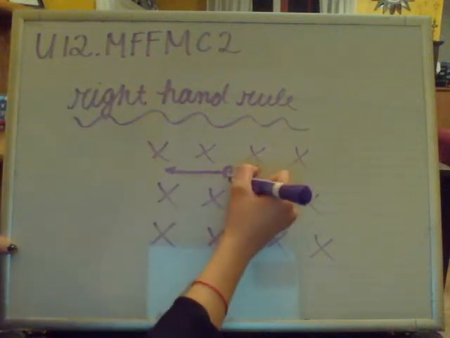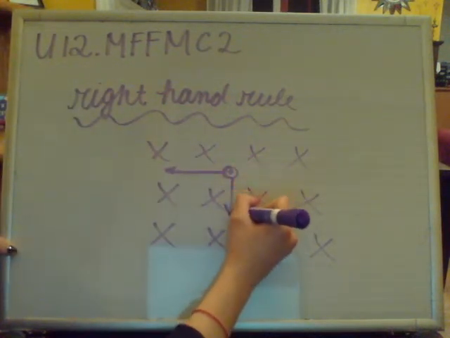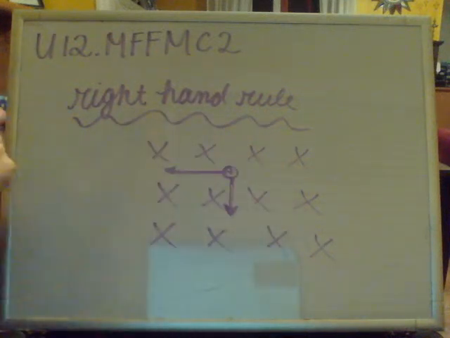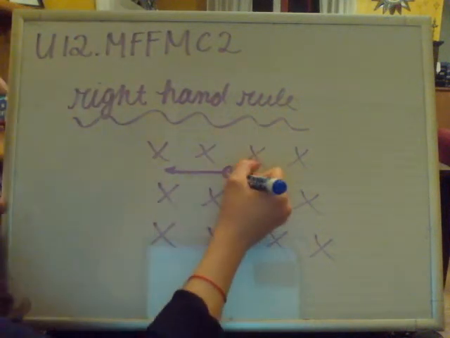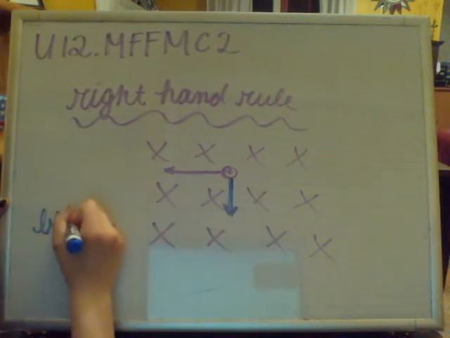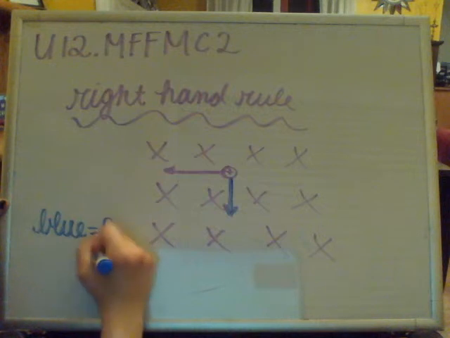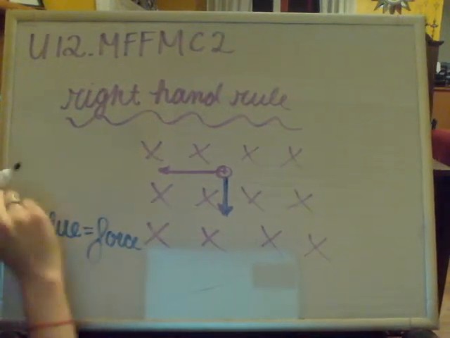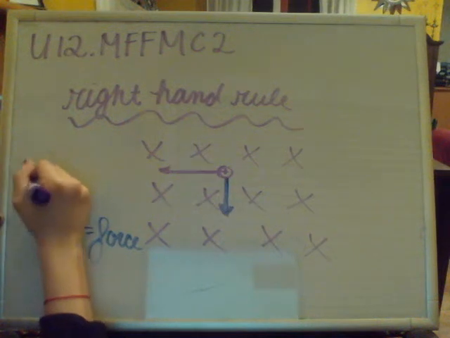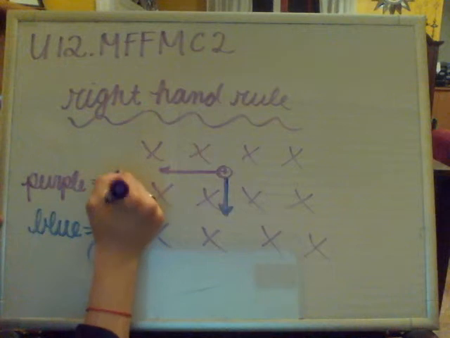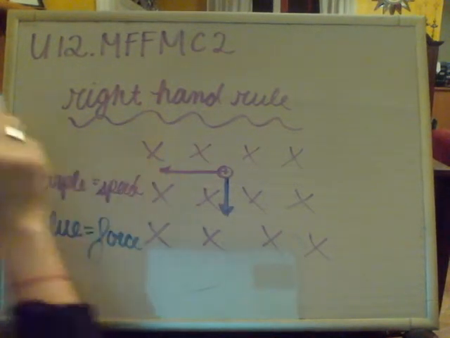So the force on your proton is going down here. Maybe I'll do that in a different color so you can see. Blue is going to be force, and purple is going to be velocity, or speed.